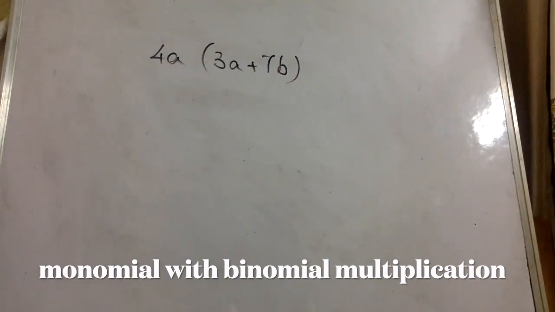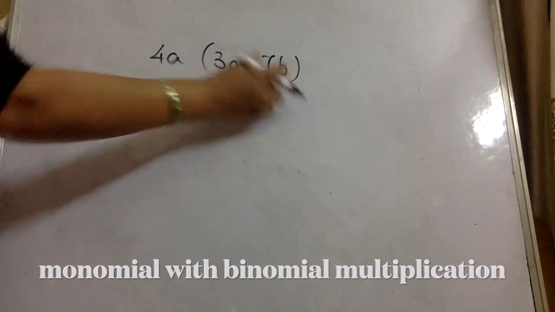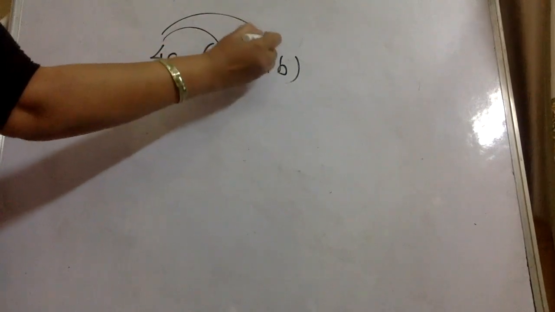Now remember one thing, whenever we have a multiplication of an algebraic expression, we can always multiply between unlike terms, but we cannot add or subtract, as I have told you. So multiplication is possible between unlike terms. What we'll do here is, this one is supposed to be multiplied with this and with this, so we are going to multiply with both.